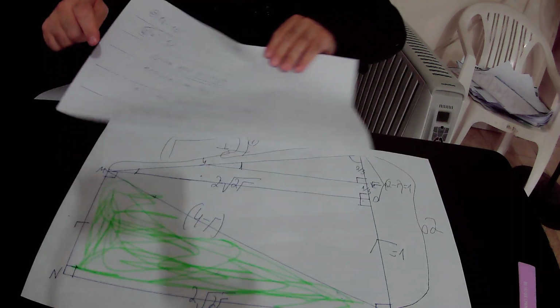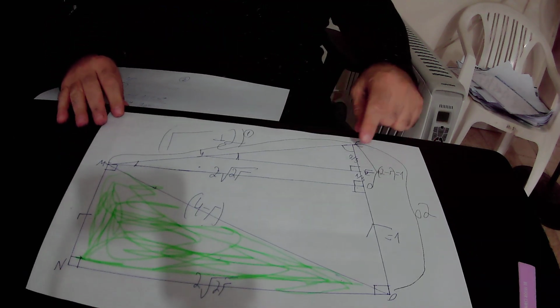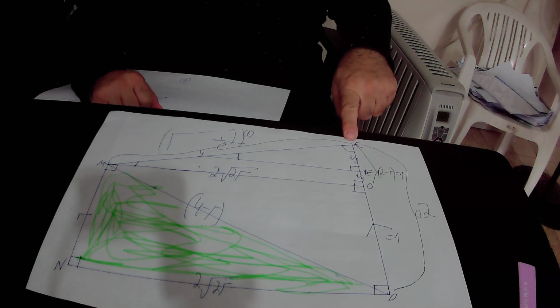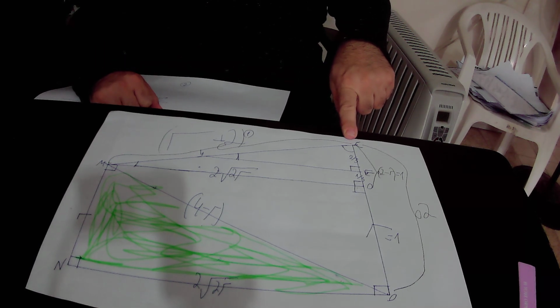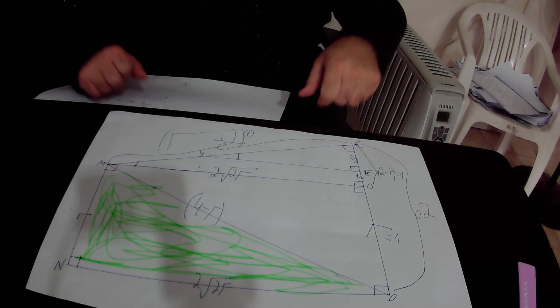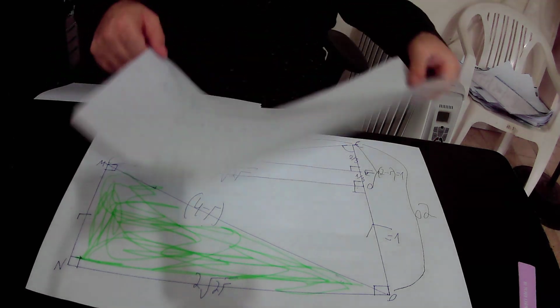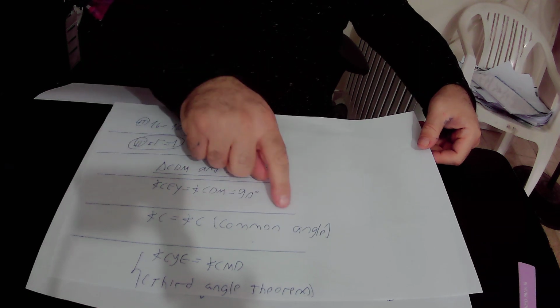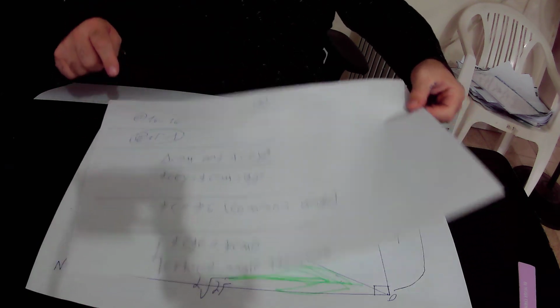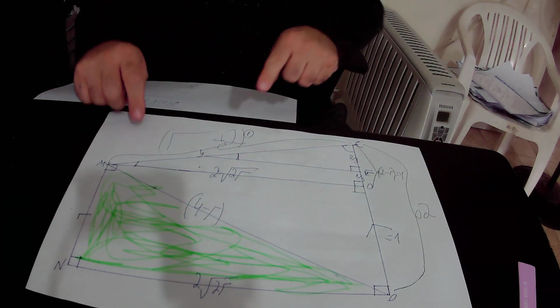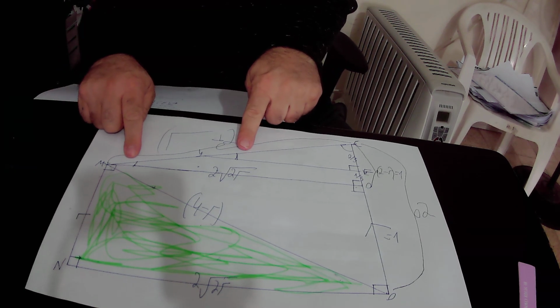And we have angle C, it is a common angle, it belongs to both triangles. So angle C equals angle C is a common angle that belongs to both triangles. Then we have those two angles that are equal to each other according to the third angle theorem.